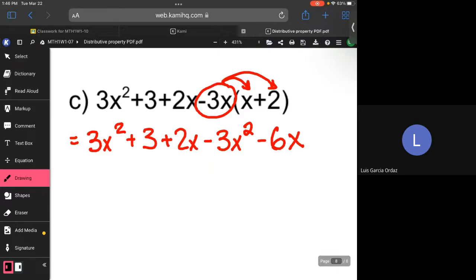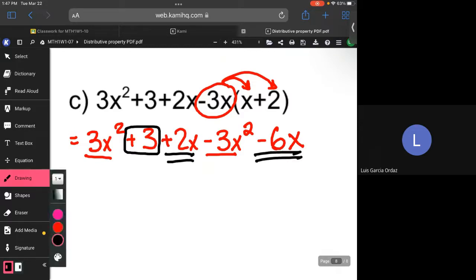Yeah. So now we're going to collect my like terms. So 3x squared and negative 3x squared, that's one pair of like terms. What's my next pair of like terms? Maya. And then positive 3 is just by itself. It's a loner, so that's fine.